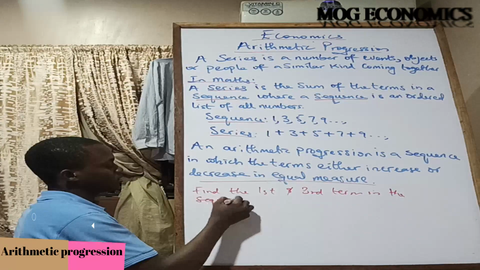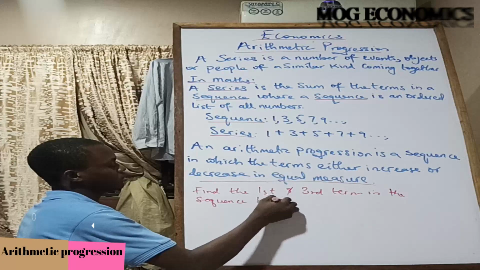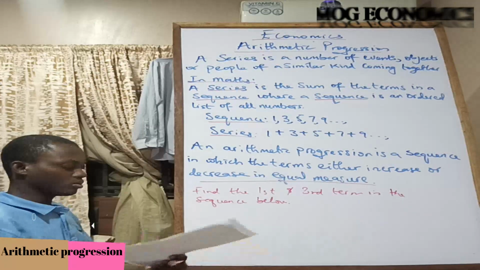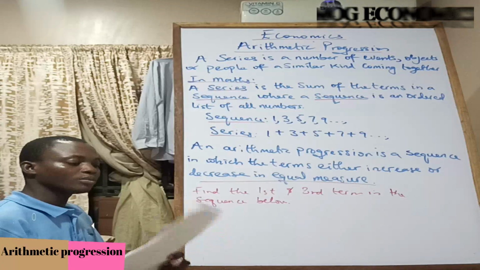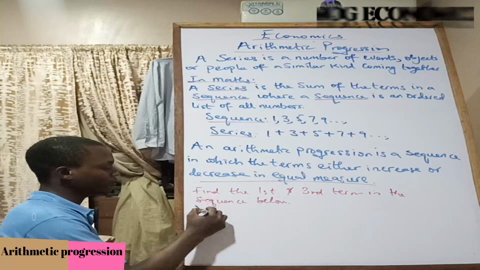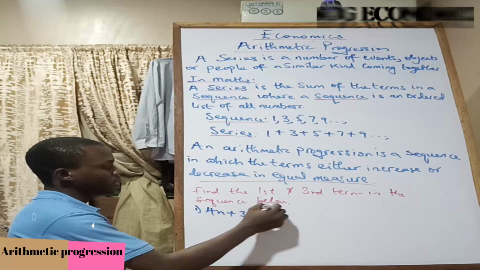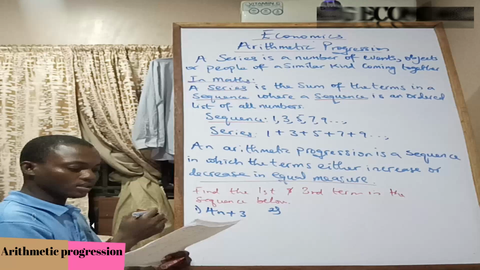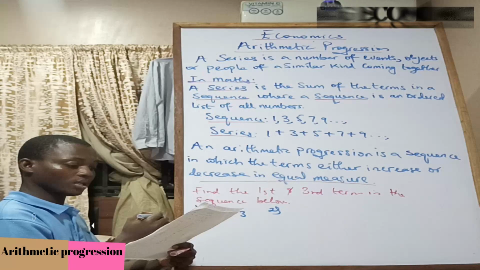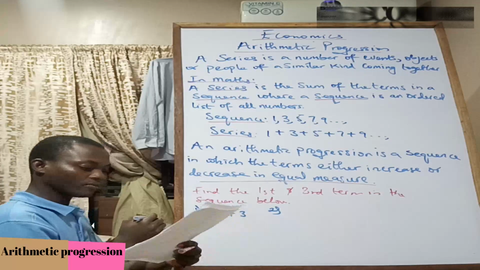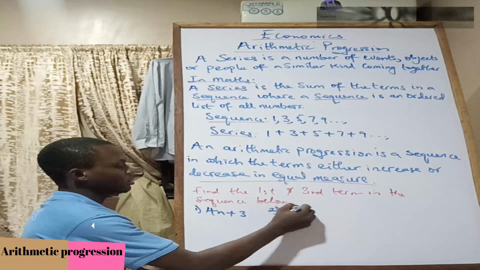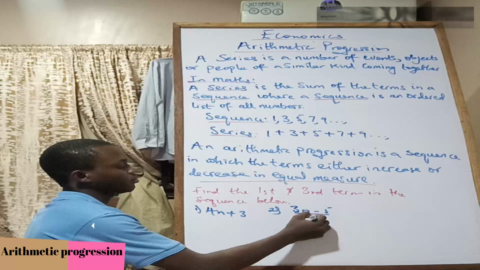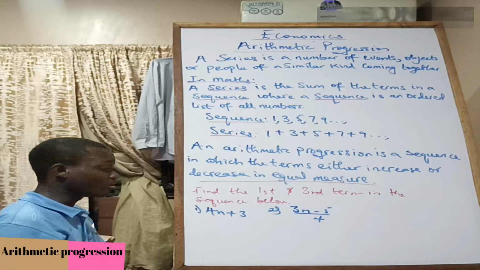So the sequence is denoted as 4n plus 3. Then there's another one that is 3n minus 5 divided by 4. That is not a big deal at all, right?